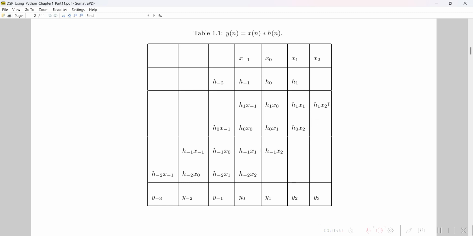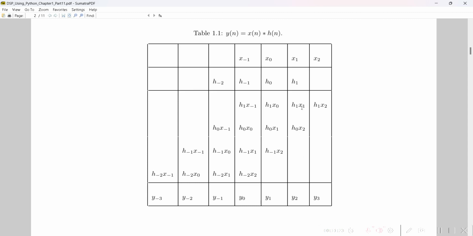In any case, the sum of the indices 2 plus 1 will be 3. Here, 1 plus 1 is 2, and 2 plus 0 is 2. So in the column-wise approach, the sum of the indices will be the same. There is no other alternative.